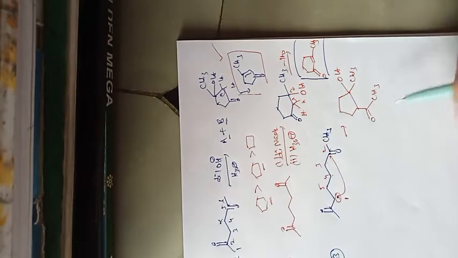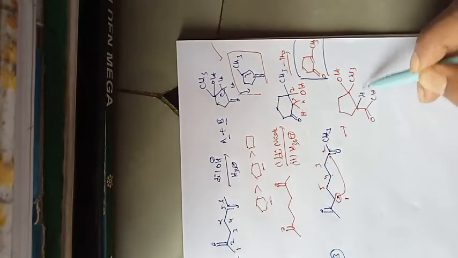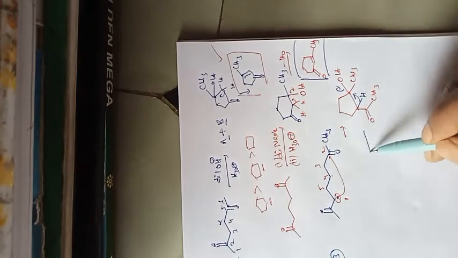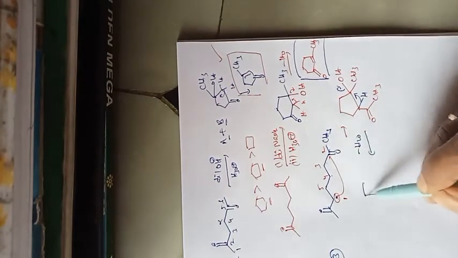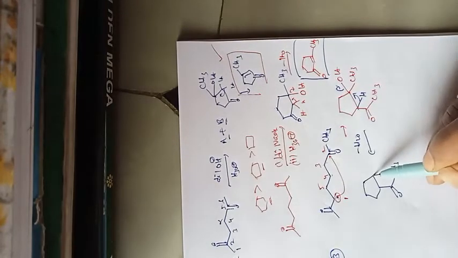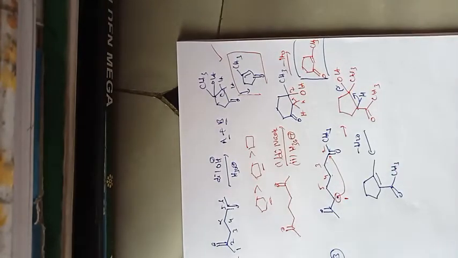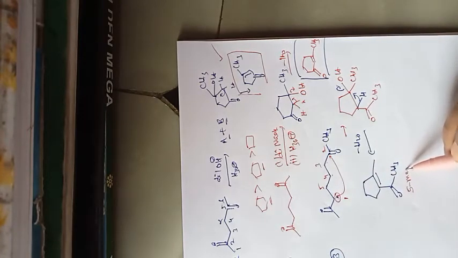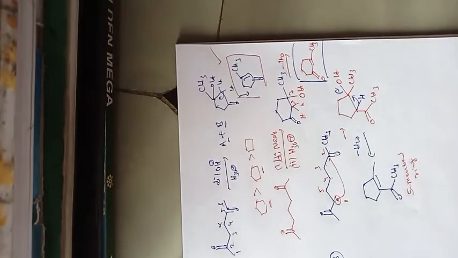Here, because this is the carbonyl and there is an adjacent acidic hydrogen, there is loss of water, so it gives the alpha beta unsaturated carbonyl compound. But the interesting thing is that this is the 5-membered ring. But another possibility is there.